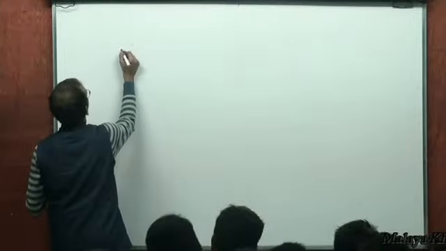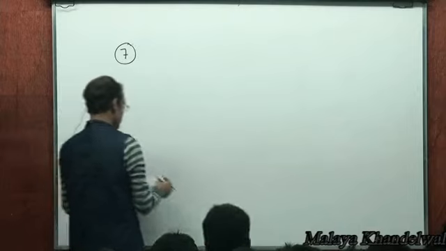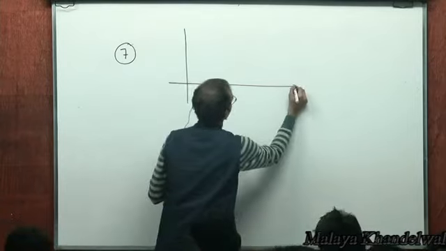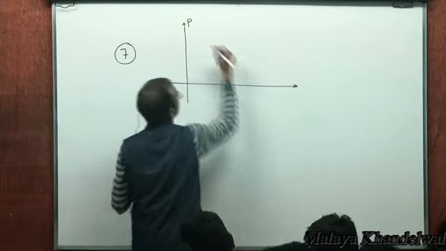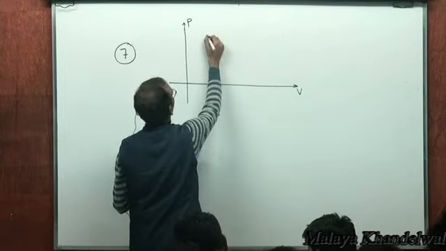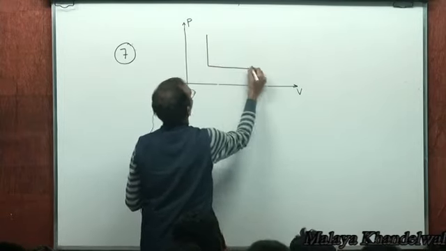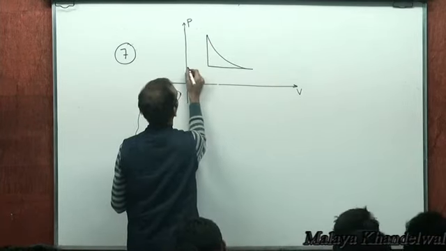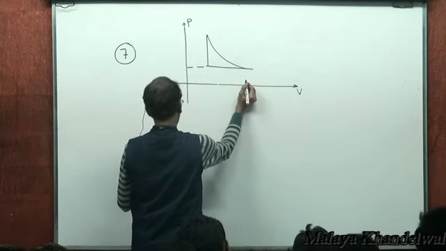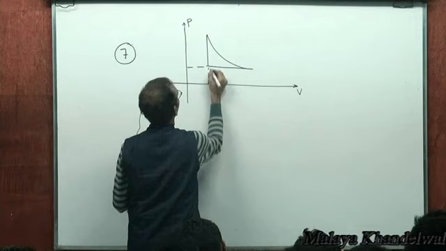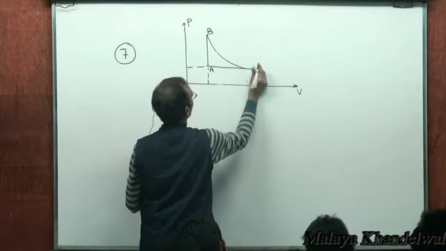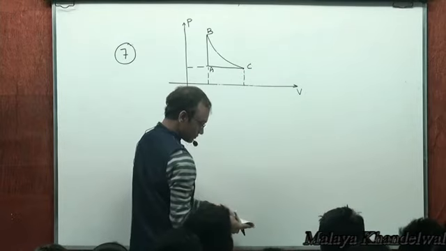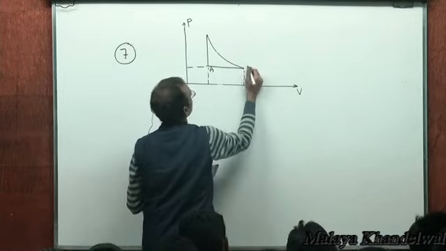Problem 7. The PV graph is given in problem 7. A, B, C. This point, right?